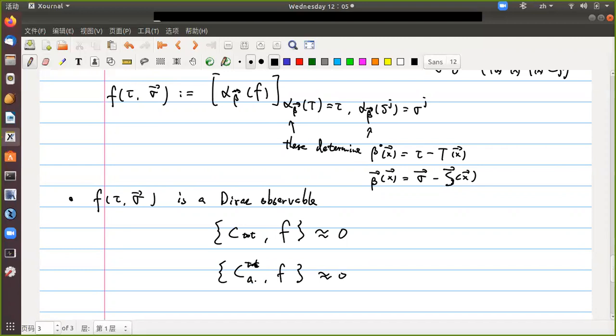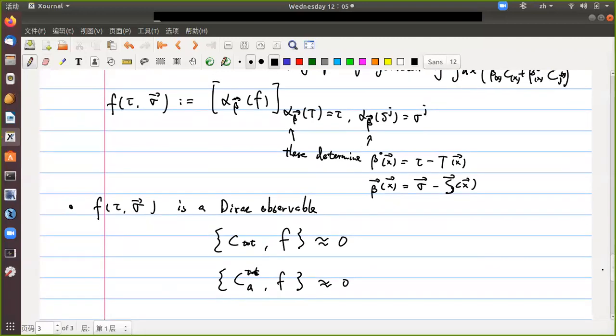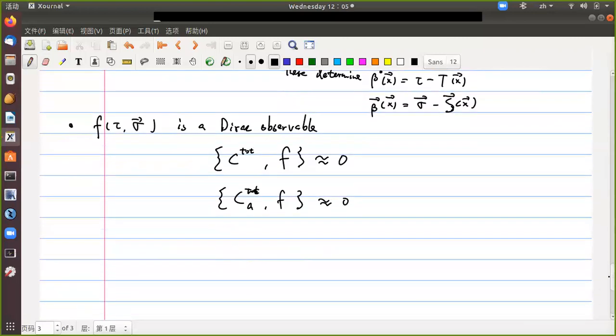So it's enough to be weakly equal because you only work on the constraint surface. You model out the gauge orbit on the constraint surface, you get the reduced phase space. It's enough to work on the constraint surface.